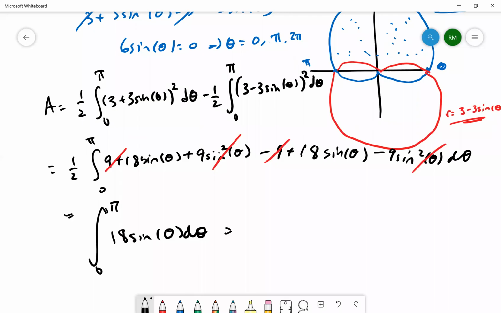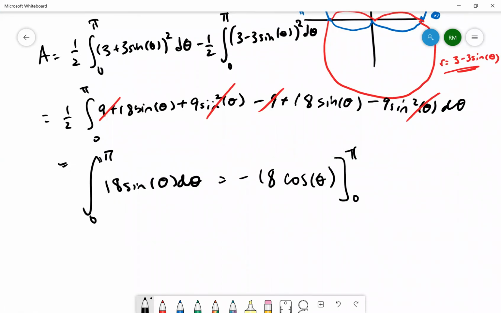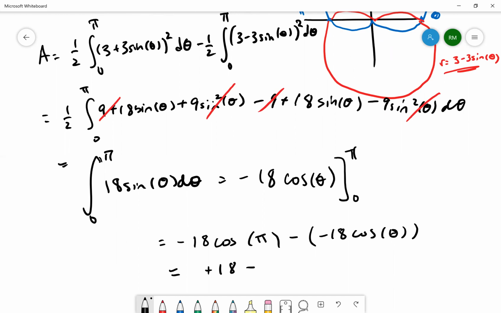And we should integrate that, and it should become minus 18 cosine theta from 0 to pi, which should equal negative 18 cosine of pi minus negative 18 cosine of 0, which should equal positive 18 plus 18, which is 36.